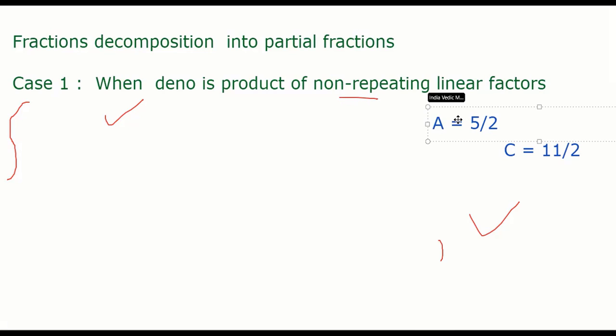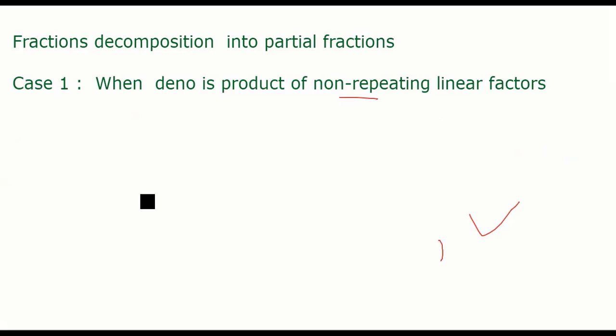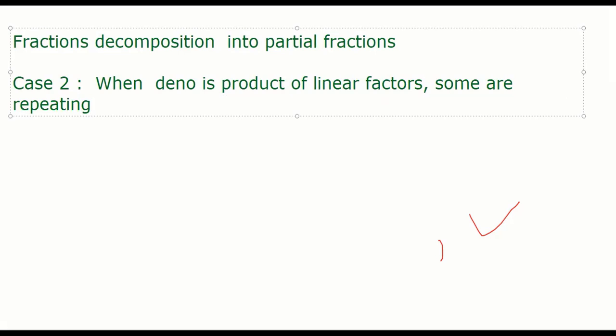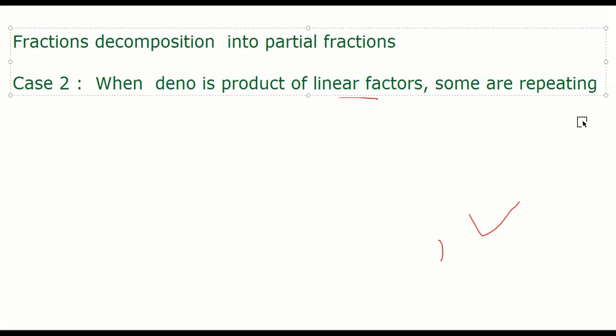Case 2 is where the denominator can be expressed in terms of linear factors, but some are repeating linear factors. Some can be repeated 1, 2 or more times, depending on how big it is. So if that is the case, how do we do it?